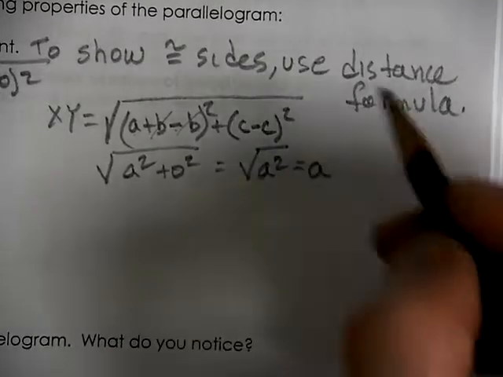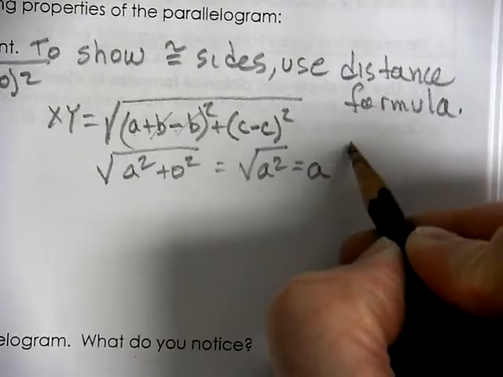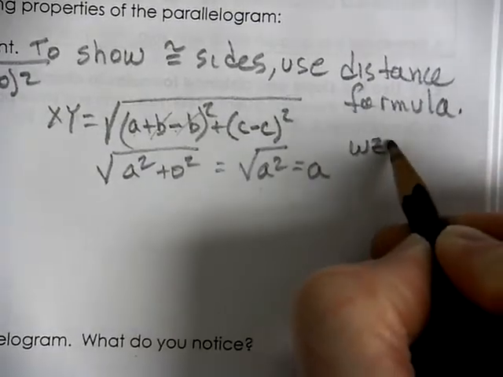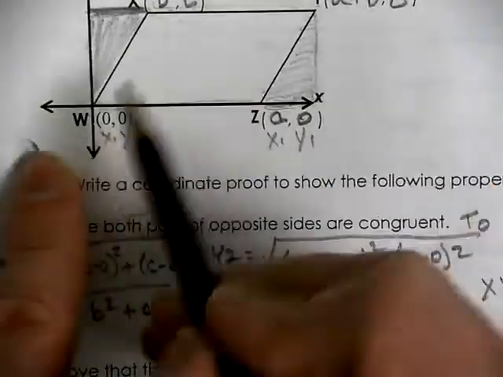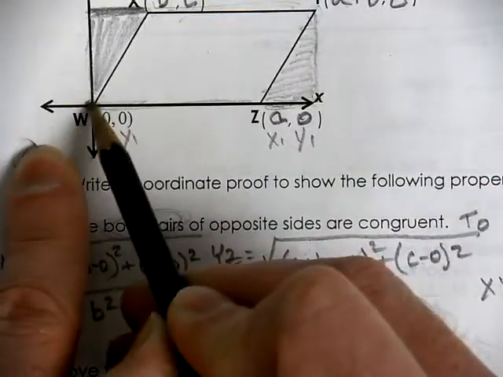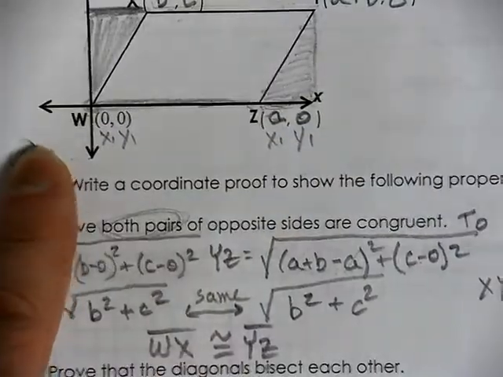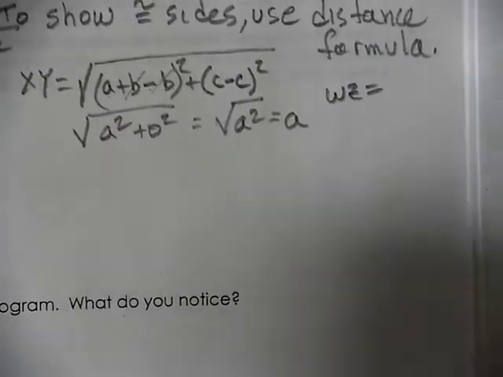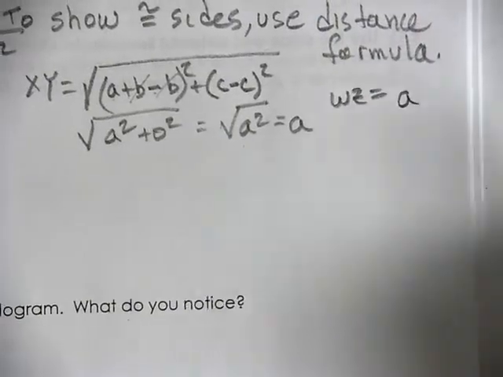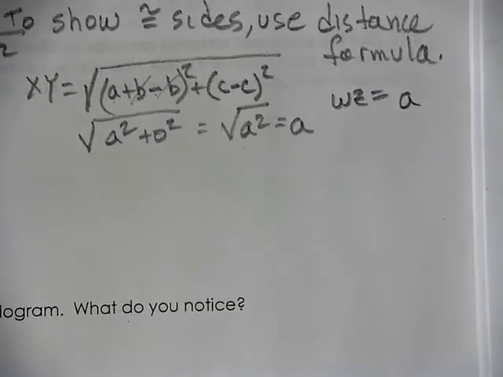Then to look at the other length, we can do this probably without the distance formula. WZ goes from 0 all the way out to a, so it's a length of a. You could plug that in the distance formula also.